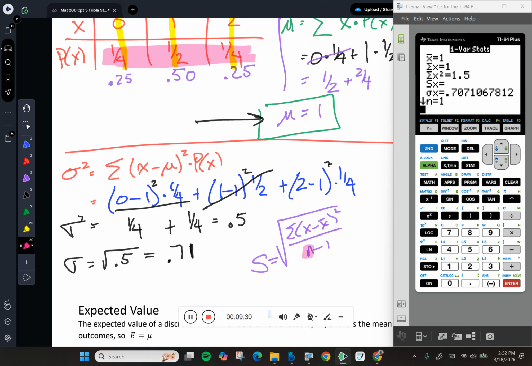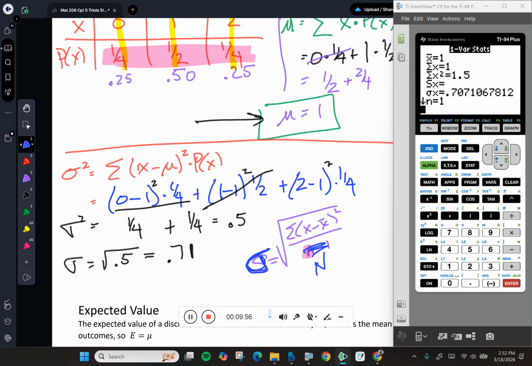And then when it does 1 minus 1, it gets 0. Now, if we change that formula to be the population standard deviation, that's just n. So we don't get a 0 in the denominator. So that's why it's leaving the Sx out, the sample standard deviation, and only providing us with the population standard deviation.